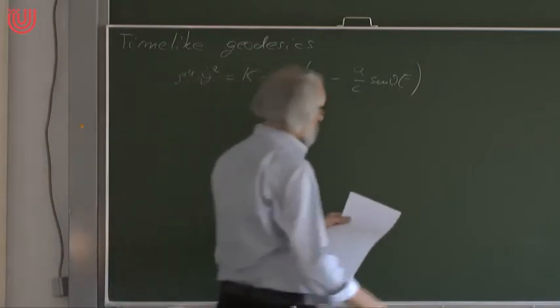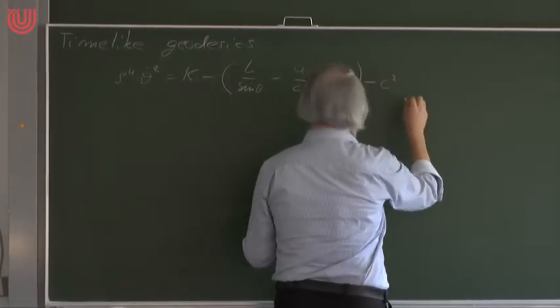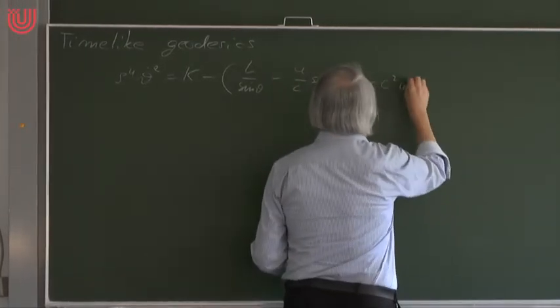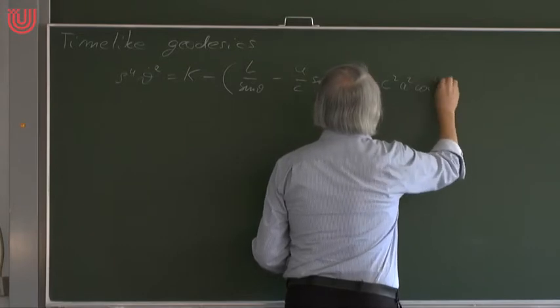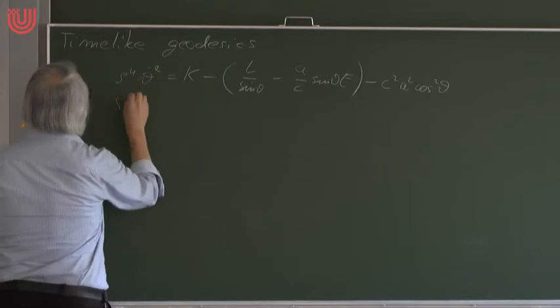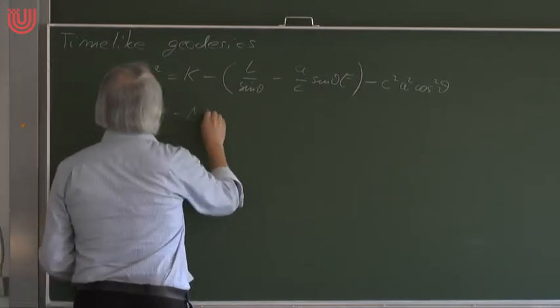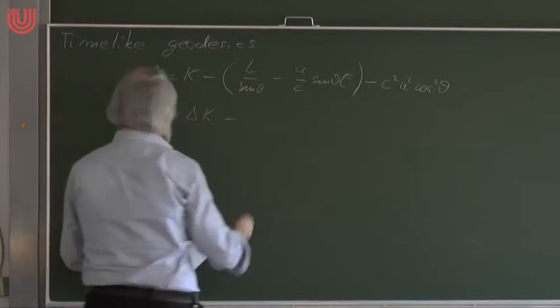And now we have the term with the epsilon, which for time-like curves is C squared minus C squared A squared cosine squared theta.